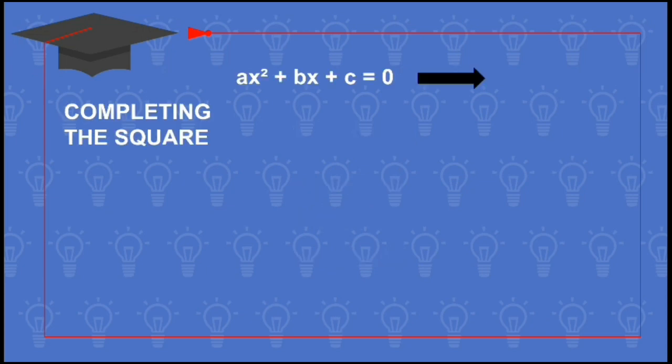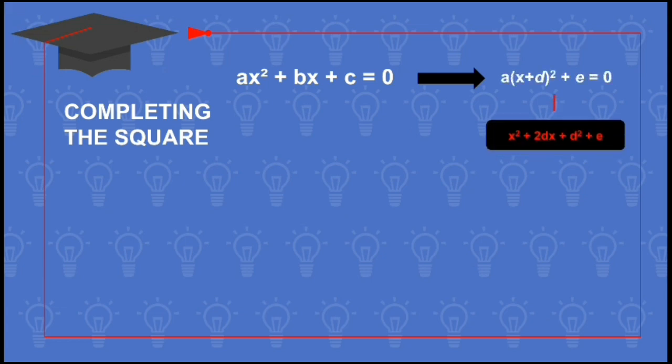The second way is by completing the square. Completing the square is where we take the quadratic equation like this and turn it into like this. For example, try to fit x squared plus 6x plus 7 into x squared plus 2dx plus d squared plus e.